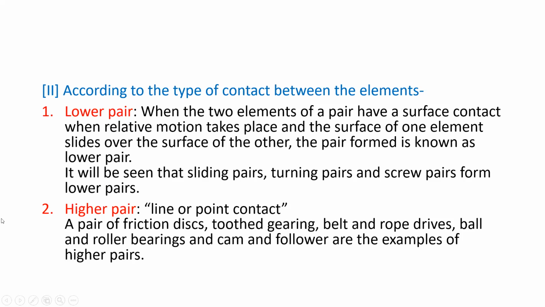In case of higher pair, there will be only line or point contact. Examples of higher pairs are friction disc, tooth gearing, gears, belt and rope drives, ball and roller bearings, etc. So till this classification we have seen in last lecture.